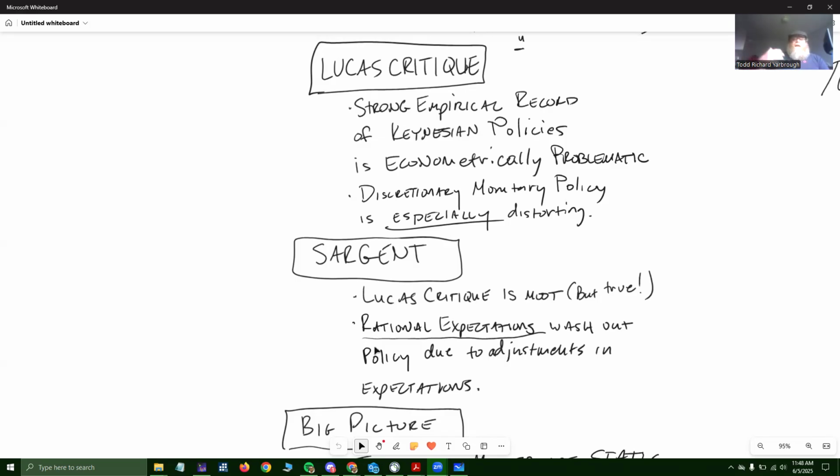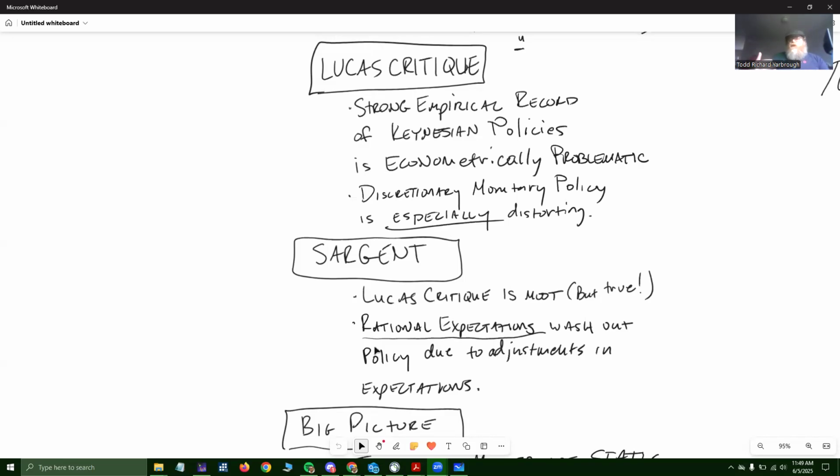What Lucas argued, and he has a very strong econometric background to his argument, is that those papers were done incorrectly empirically, that the relationship between unemployment, the unemployment gap, and inflation was to some extent illusory. Lucas's critique was of the beta coefficient within the Phillips curve. Again, that's what we're testing empirically. We're measuring the extent of the relationship between the unemployment gap and inflation.